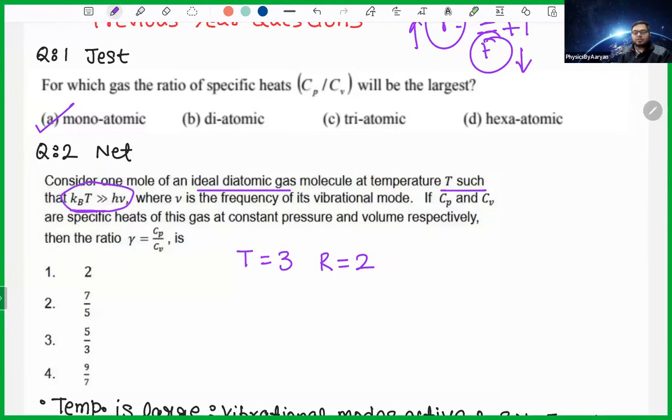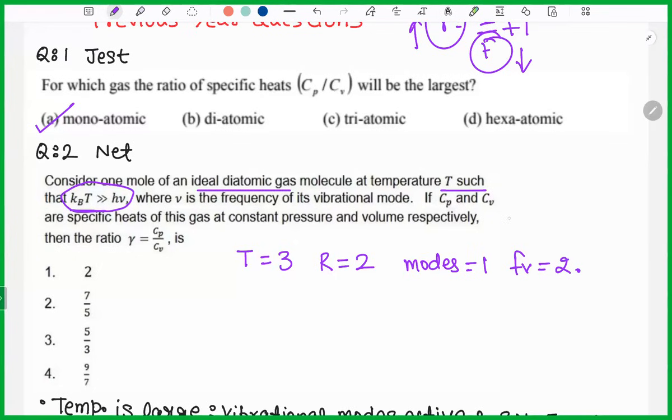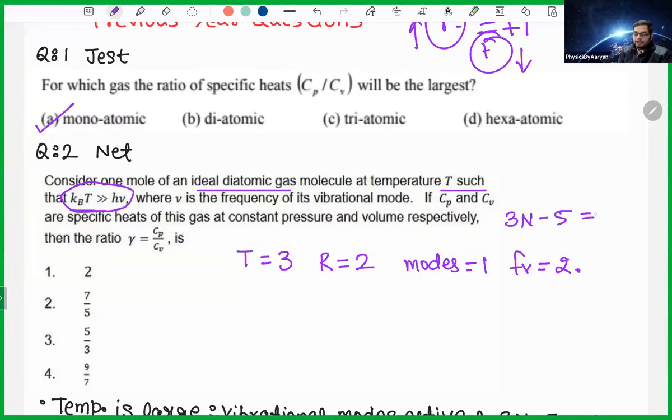So is it a high temperature or a low temperature? High temperature. So how many vibrational modes will be there? We already discussed for diatomic, 3n minus 5, and if n is 2, you get 6 minus 5, which is 1. So one mode is there, and so 2 vibrational degrees of freedom are there.